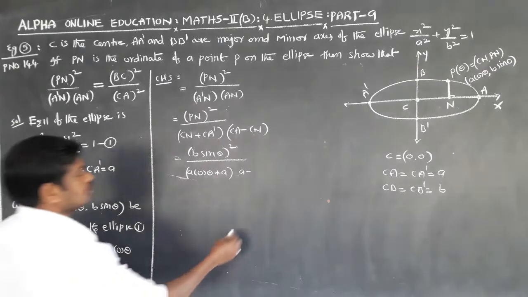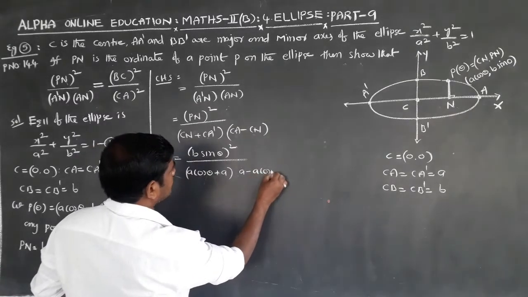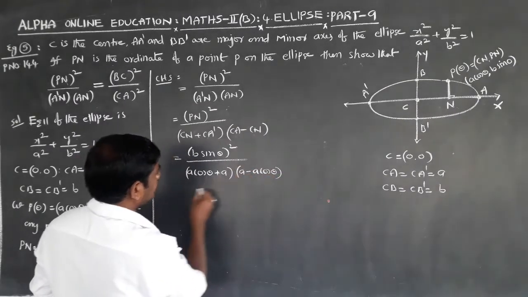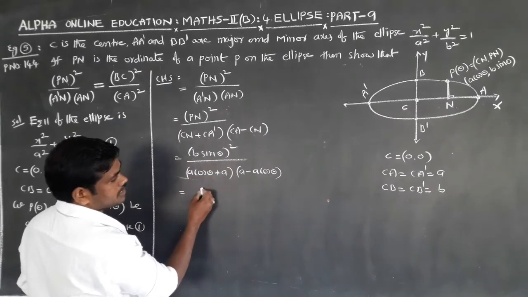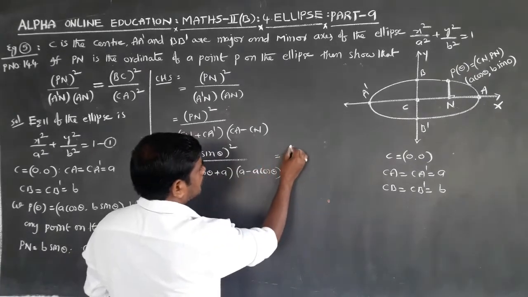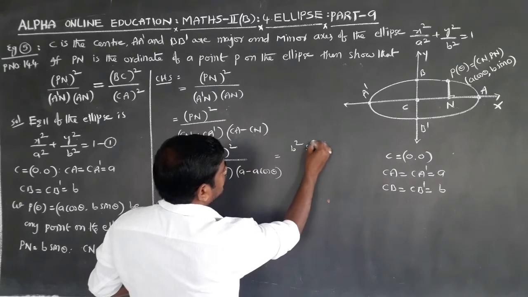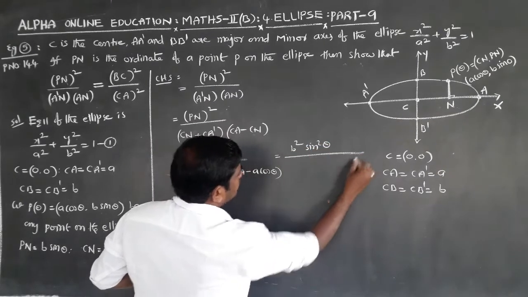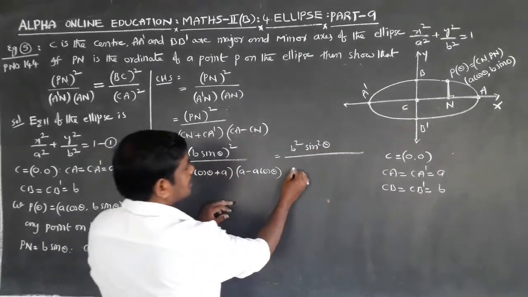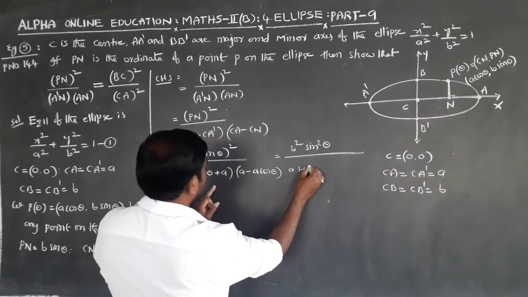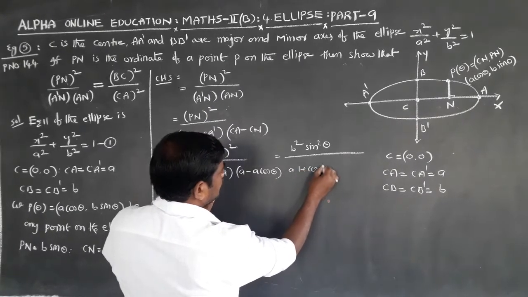CN is equal to a cos θ. (b sin θ)² gives b² sin² θ by, here a common, 1 plus cos θ.